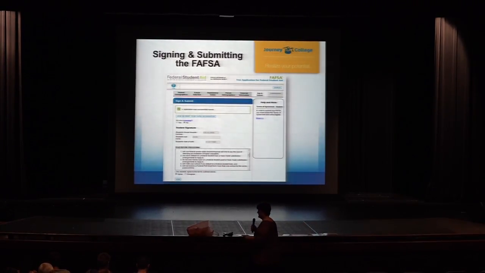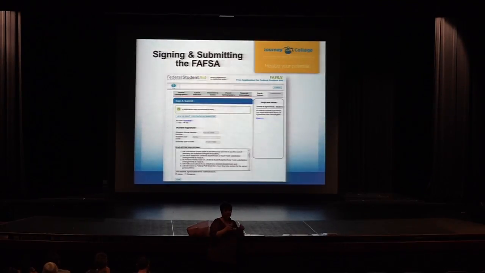On the right-hand side is a list of all of those documents that you may need if they're applicable to you. So if you're wondering what you might need before you fill out the FAFSA so you can have it all gathered and ready to go, this is the page you need to look at. Page 28 on the right side.